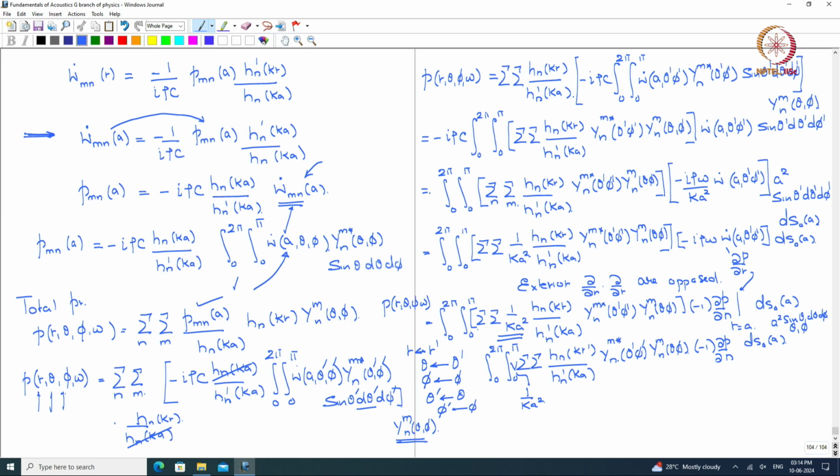So what I have in here is, if I leave out del p del n dS0 a over theta phi coordinates, okay, what I have is minus 1 by Ka square, Hankel function of kr dash, the inquiry point, Hankel function dash Ka, Y_mn conjugate (theta dash, phi dash), Y_mn (theta, phi), okay, into del p by del n into dS0.